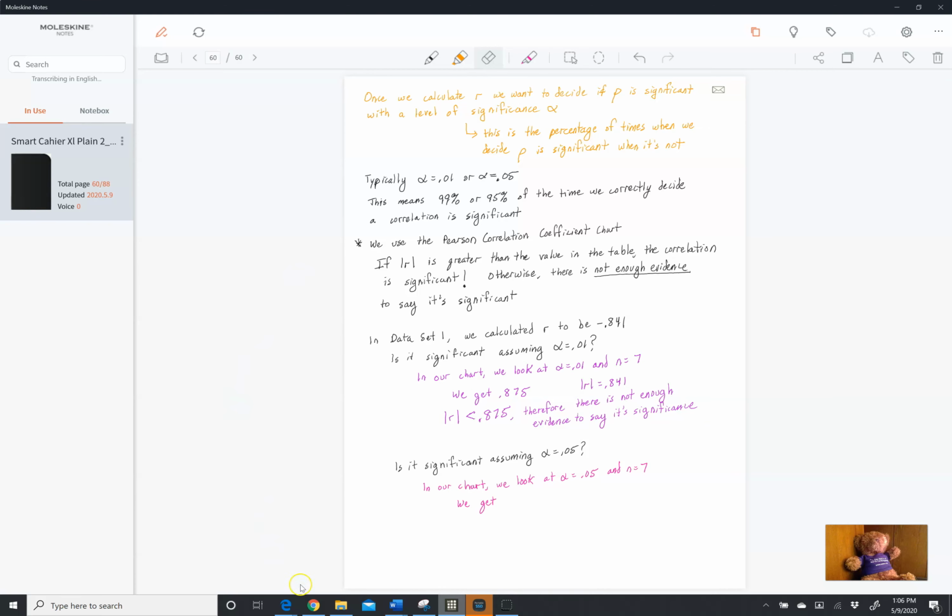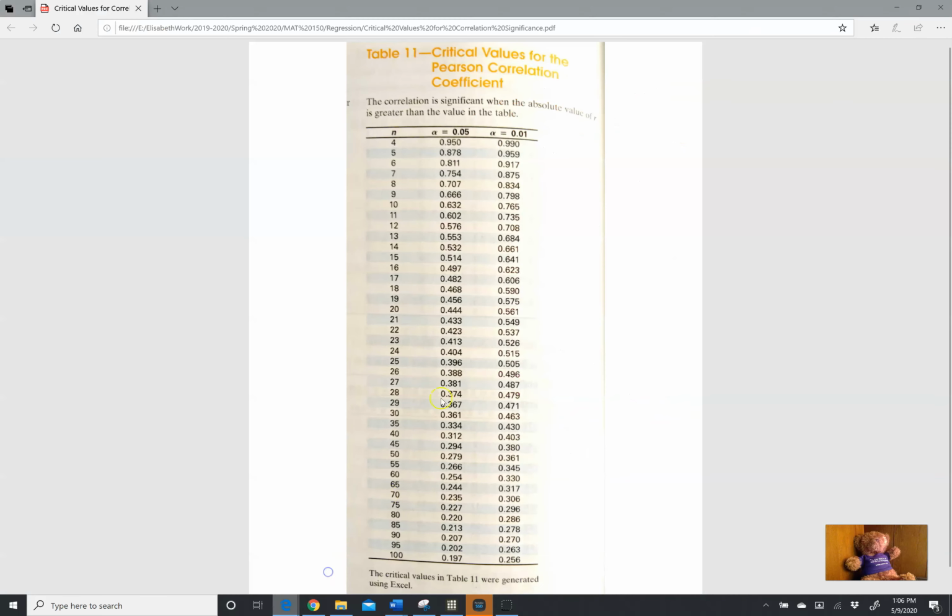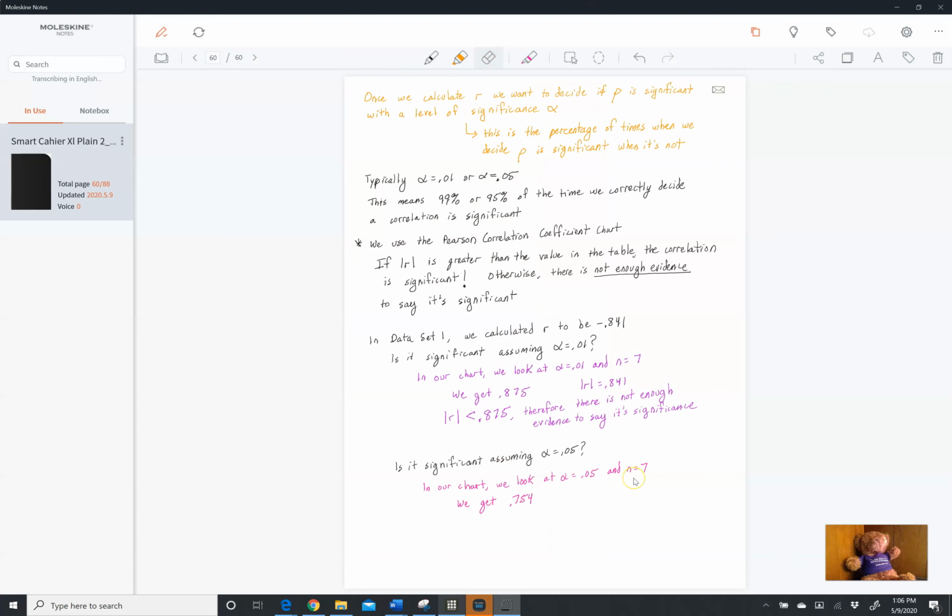And if we go to the chart, alpha equals 0.05, n equals 7, we get 0.754. And in this one, 0.841 is greater than 0.754. So we say the correlation, the relationship, is significant.